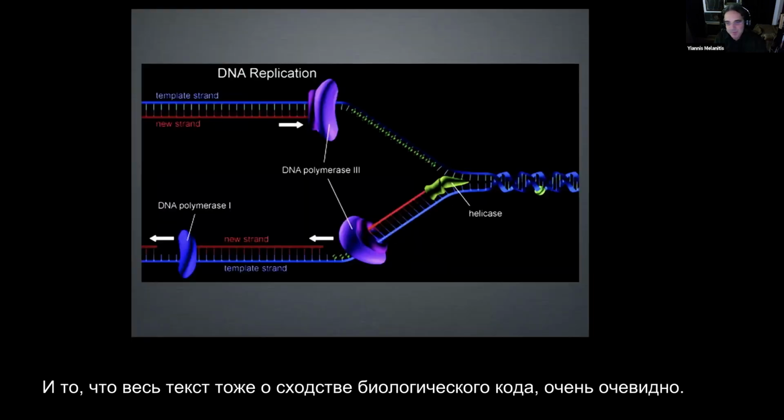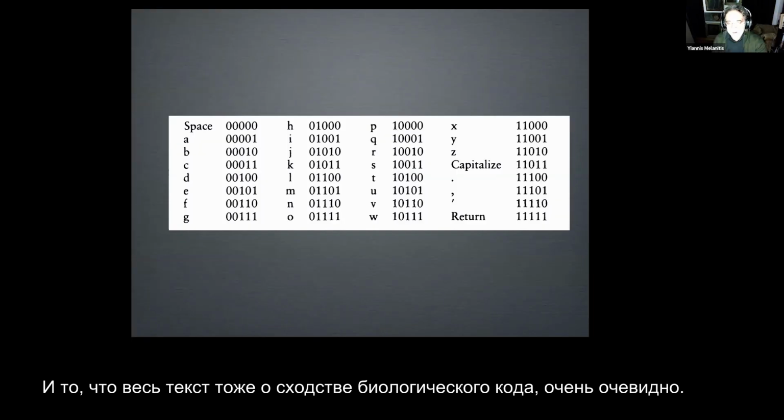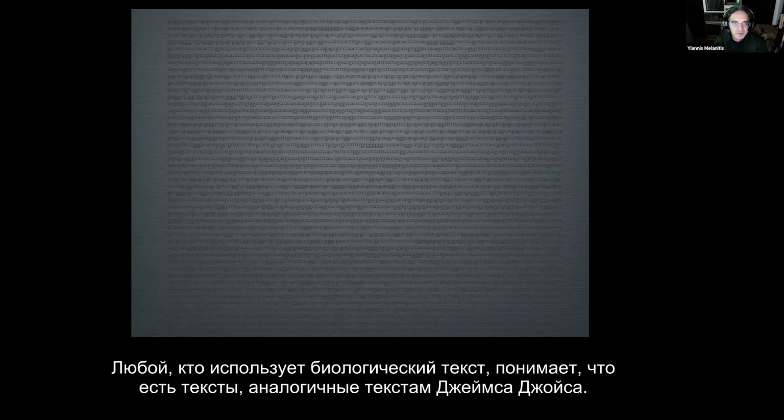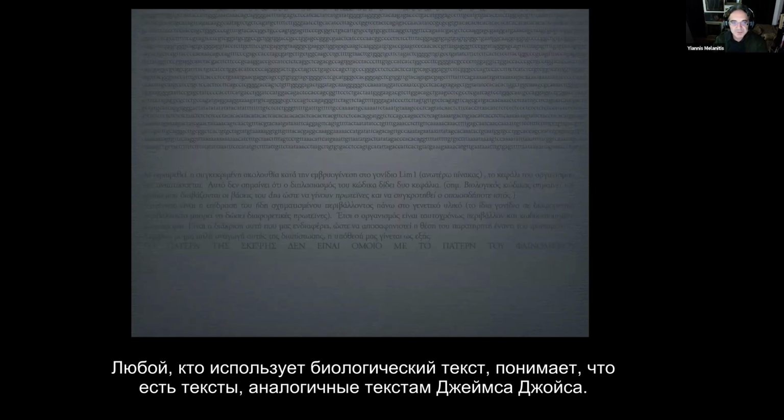The resemblance with biological code is very obvious. Anyone who uses biological text like this one can understand that there are certain codifications analogous to the text of James Joyce.